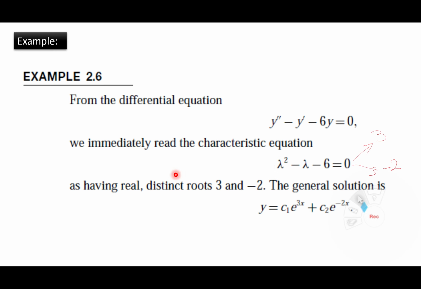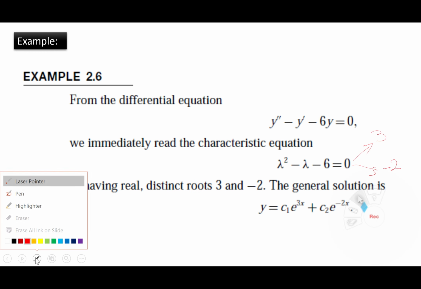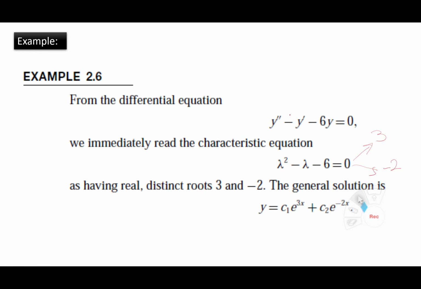How did we do this? Remember that here, let's use the pen. This is a, which equals -1, and this is b, which equals -6, right?